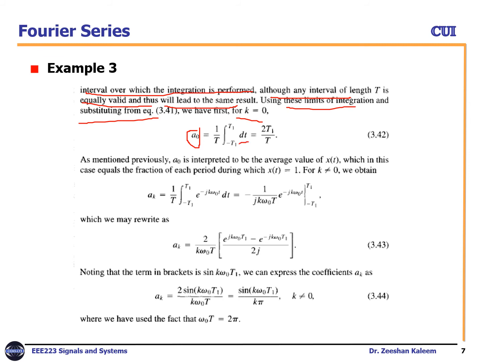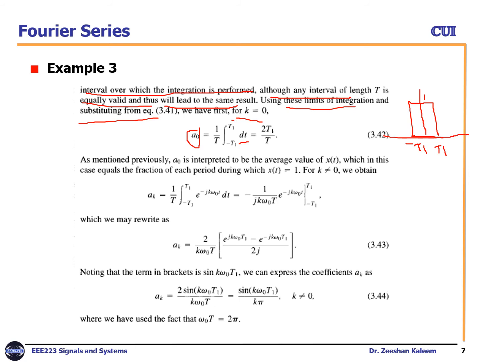If we put the values here, only for minus T1 to plus T1 we have a value, but for others it's 0. You know that, right? Because the symmetry is in this way. This is your minus T1, this is the center, and then T1. So the value will only be 1 in this range. The other part from here to here will be 0.